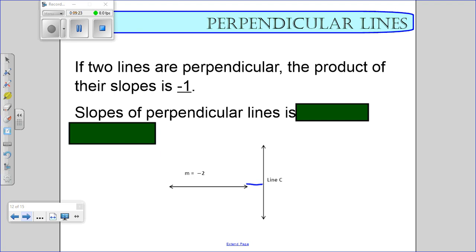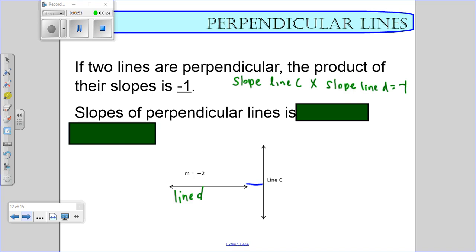What this is saying is the slope of line C times the slope of line D equals -1. It's always going to equal -1 if we take the slope times the slope.